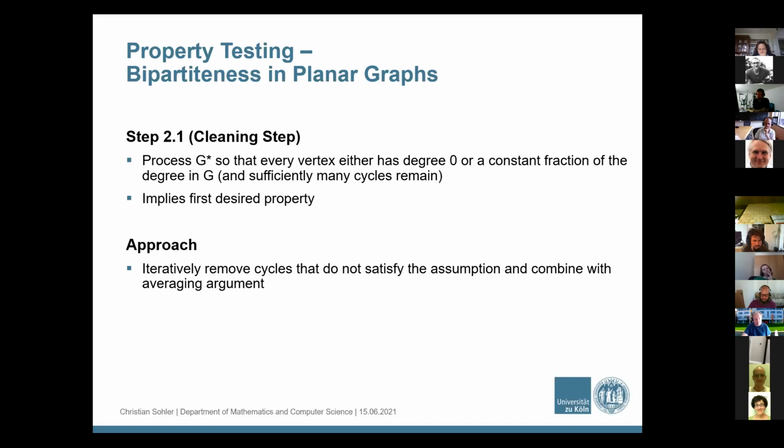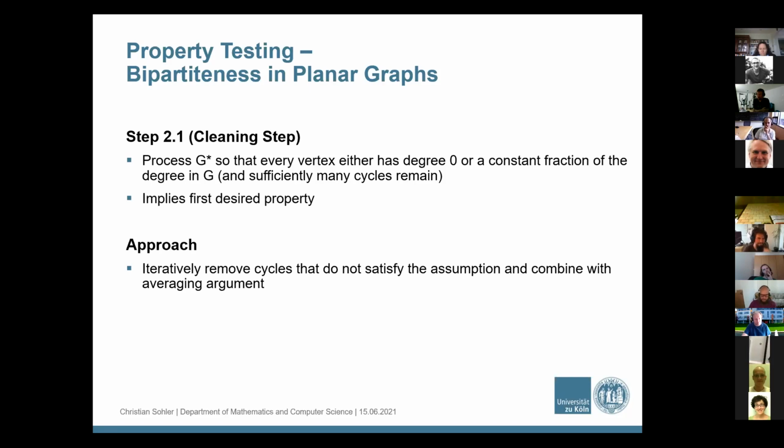Because if I'm looking at a random walk of constant length, and if I know that a random walk finds an odd length cycle in G star with constant probability, then the probability of choosing the same cycle in G only differs by a constant, because at every step, a constant fraction of the degree in G is also present in G star.